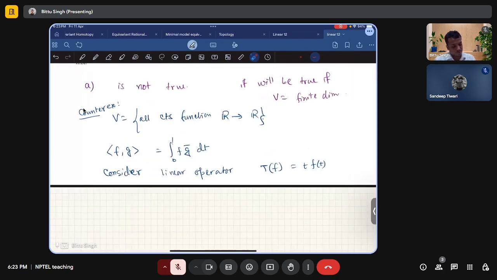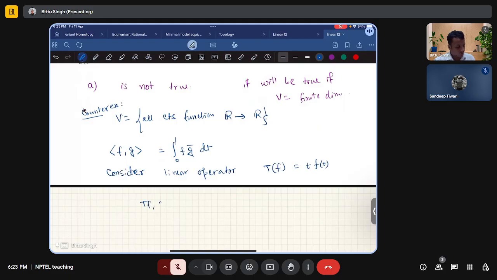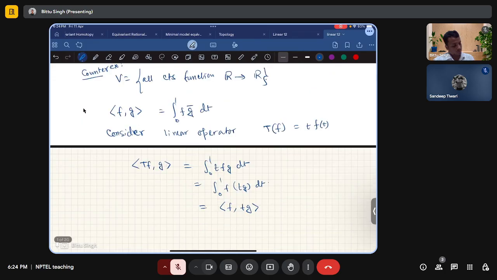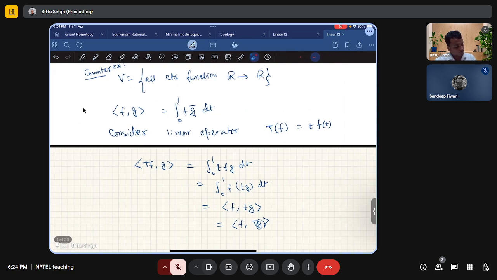T star is actually T. The inner product of Tf and g is the integral from 0 to 1 of t f times g dt, which is the integral from 0 to 1 of f times t g dt, which is f times T applied on g. So T star equals T.